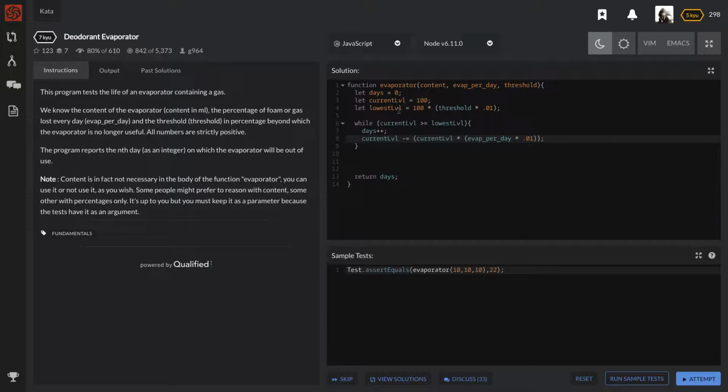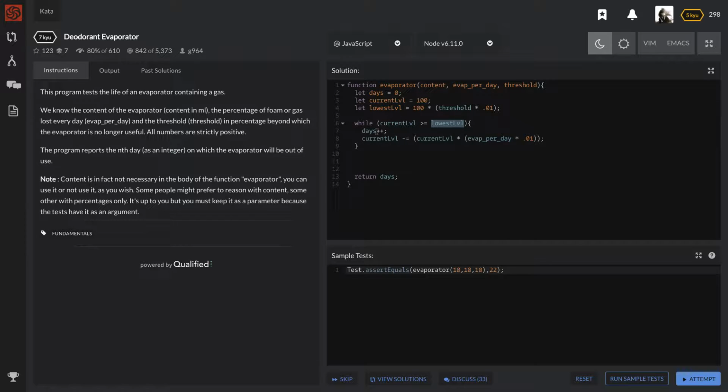Okay, so what we did here in the while loop, just to reiterate, is that the while loop is going to constantly loop around as long as our current level is greater than the lowest level, which means lowest level is, don't use this can anymore, it is useless because too much of it evaporated through time. As long as our current level is greater than that, we're good to use it every time, but for the purposes of this function, we're acting as if the can was never touched.